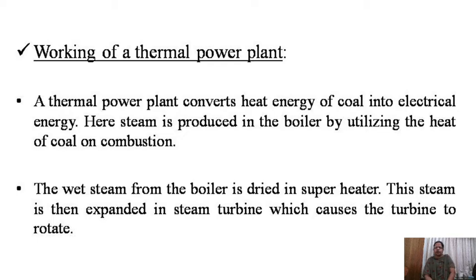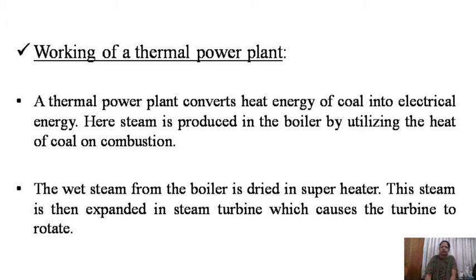The steam is then expanded in the steam turbine, which causes the turbine to rotate. The turbine is in turn coupled to the alternator. Therefore, the mechanical energy of the steam turbine is converted into electrical energy and then it is fed to the consumer.